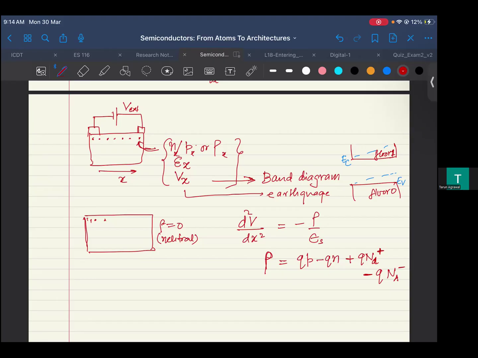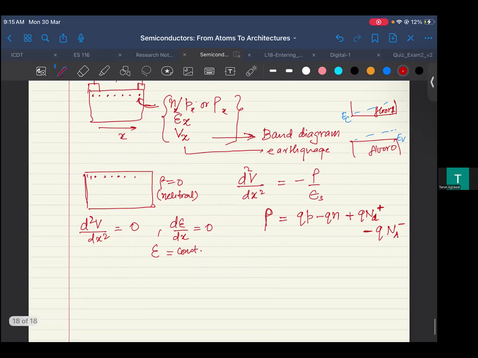So be with me. Our objective now is to talk about the implication of this. You are saying rho is neutral, okay, rho is zero. What does rho zero mean? You can see from your Poisson equation that if you put zero, your d by dx comes to be zero, and that could give you that E is some constant value.